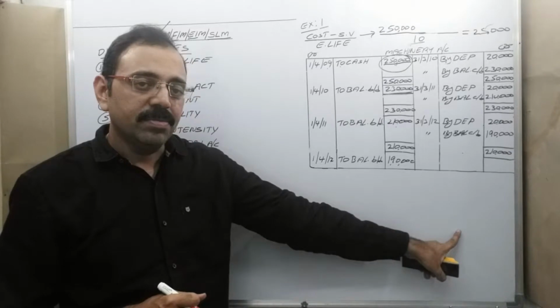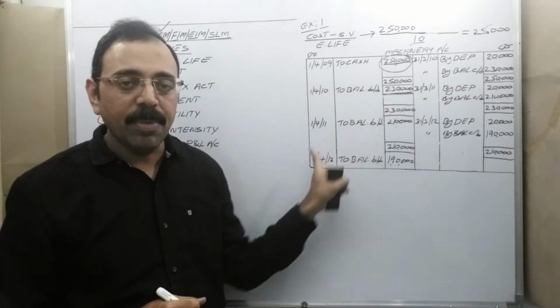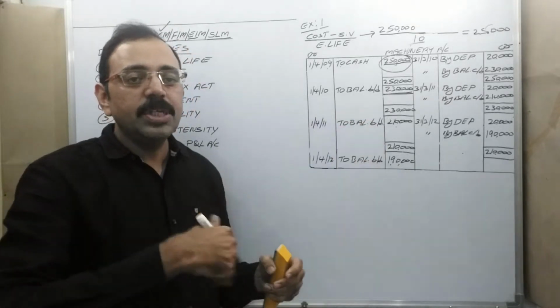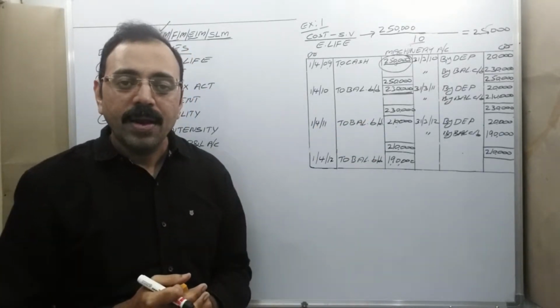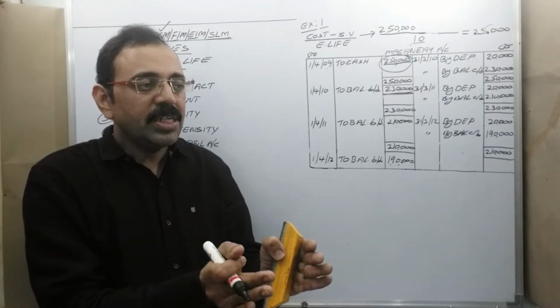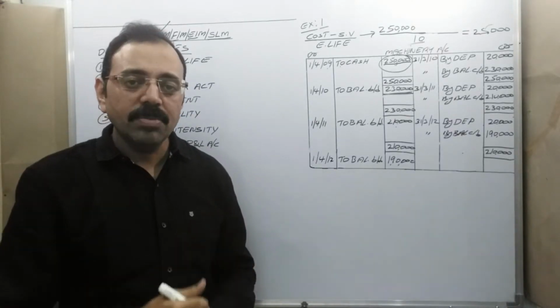So 10th year, at the end, when this asset is totally damaged, what firm does? So every year firm is purchasing investments, no? Now at the end of 10th year, that investments will be sold in the market. Then some amount comes.